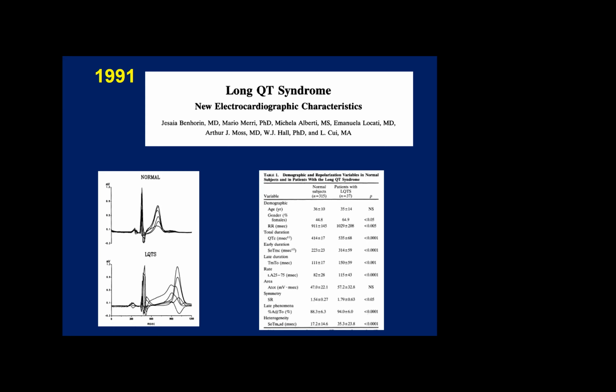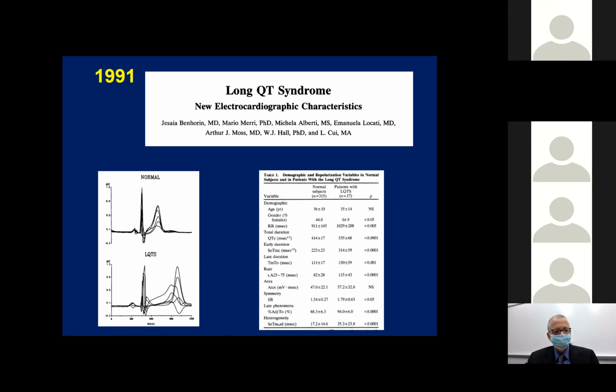A normal subject had a very homogeneous pattern of ECG, mostly this so-called T wave behind the high QRS. And when you look at an example of long QT patients from that study, there was big heterogeneity of those waves in the same subject across various leads on the patient's chest.